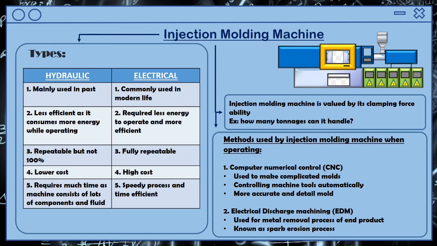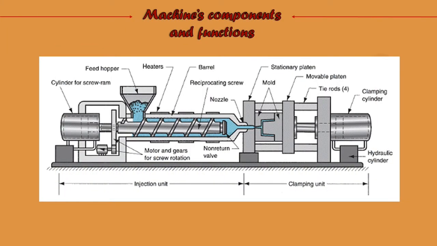Lastly, there are two types of method used in an injection molding machine when it is operating, which are computer numerical control and electrical discharge machining. To understand the injection molding machine better, let's dive deeper into each component's function. Firstly, we need to know that the injection molding machine is divided into two parts.